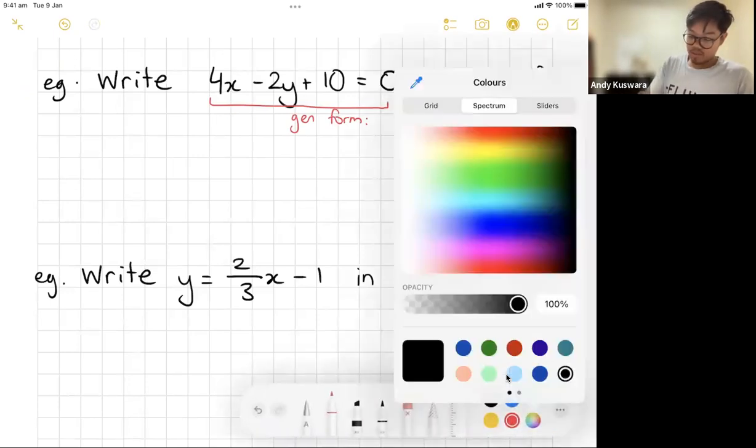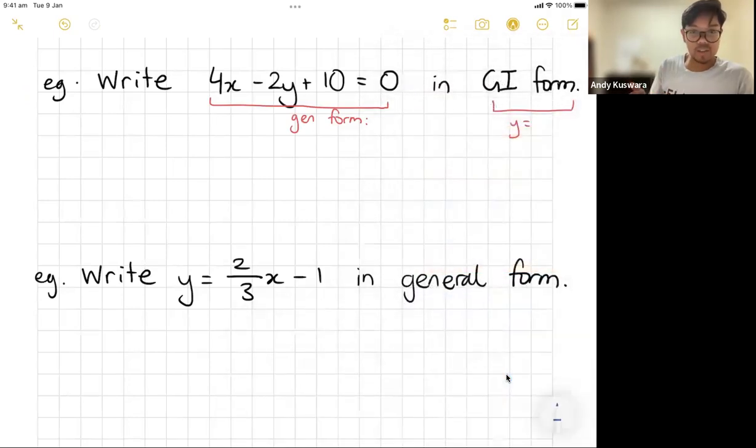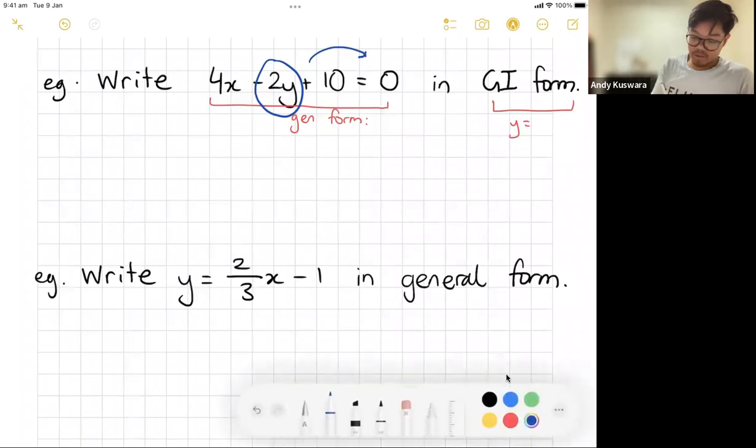So in other words, I'm going to try to rearrange and make y my subject. I can see here there's the minus 2y. I want to get the y on its own, and I'm noticing that it's a minus, so I don't want to deal with a minus y. This is just because I can see the trick. I'm going to move the y to the other side.